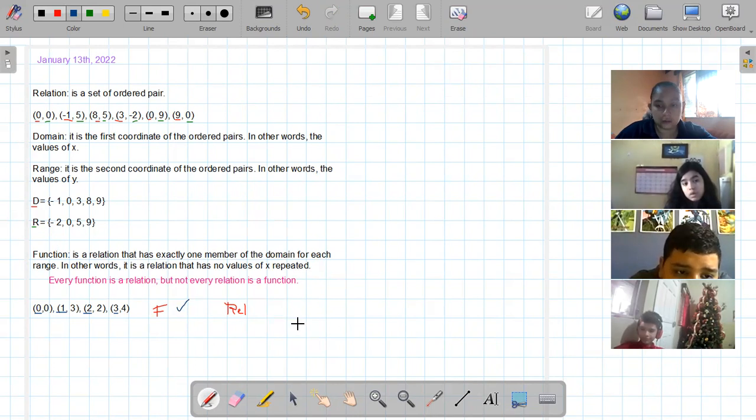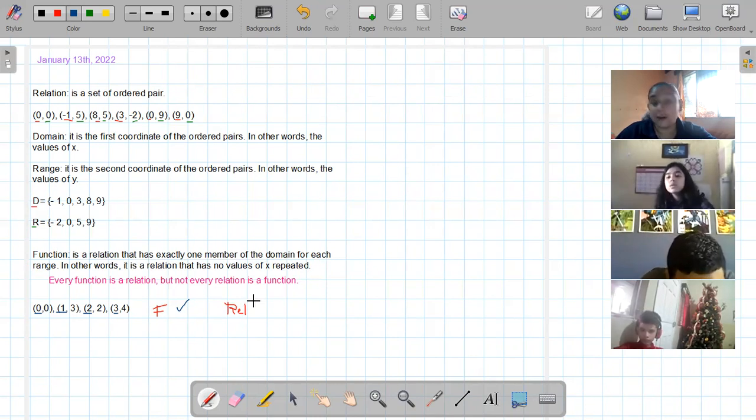Is this a relation? Let's read one more time the phrase in pink. Every function is a relation, but not every relation is a function. So is this function a relation? Yes. So every single time that you see a group of ordered pairs, it is a relation, not necessarily a function.